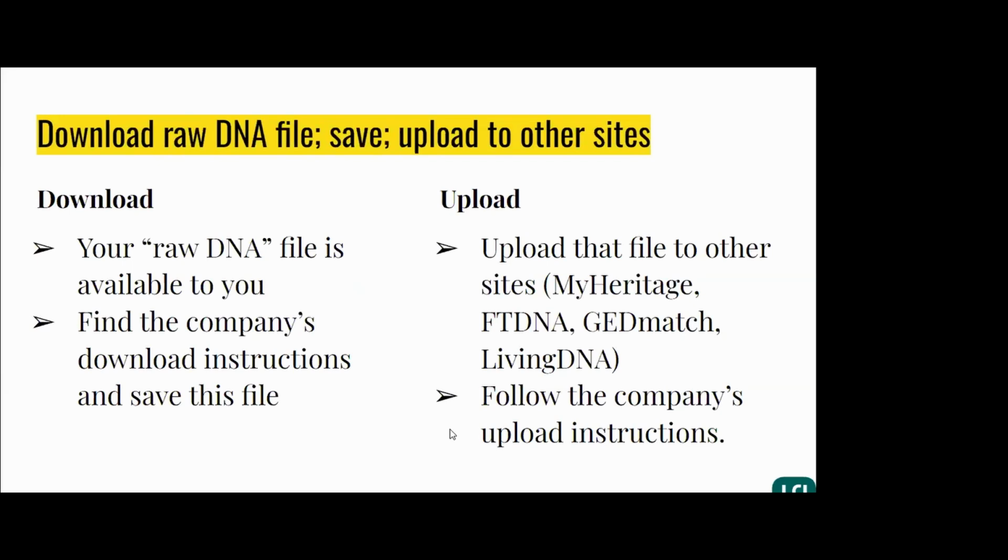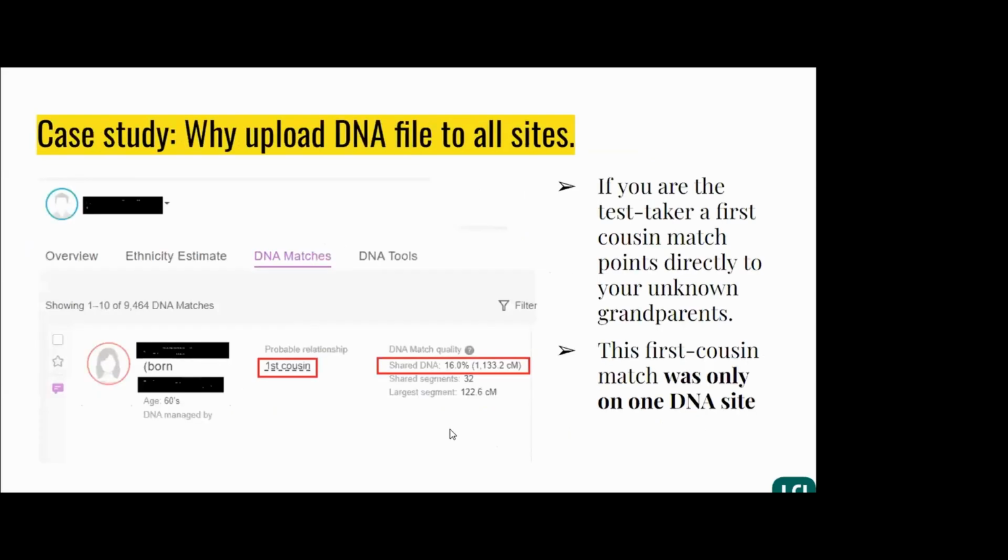Then you can just Google raw DNA upload and the name of a company you want to upload to, and then follow those instructions, and also create an account on that other site, and then upload your DNA file to that other site. When you do that as well, because you didn't test with them, it is free to upload to other sites, but there will be what they call a one-time unlock fee, which could be $10, $20, or $40, depending on the site.